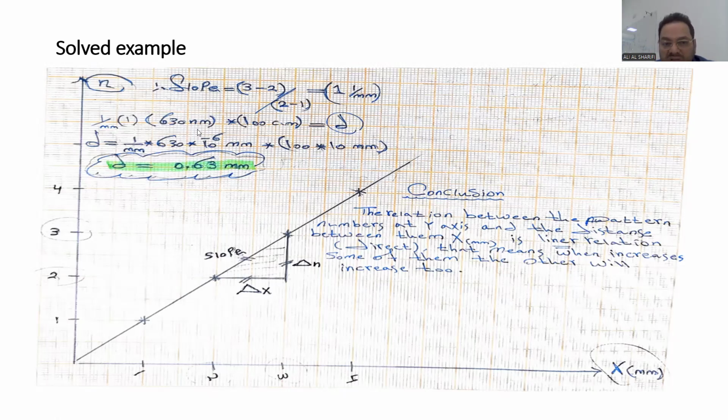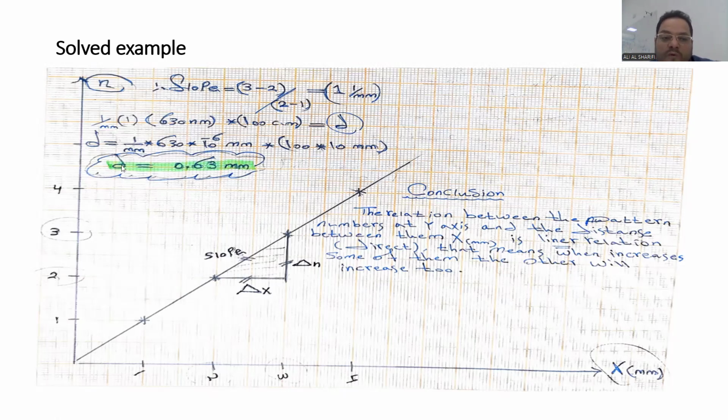Here, nanometer to millimeter is multiplied by 10 to the power of minus 6. Here, 100 centimeters, to convert it to millimeters, I will multiply it by 10, so that the millimeter here cancels this millimeter, and the last result will be just millimeter.